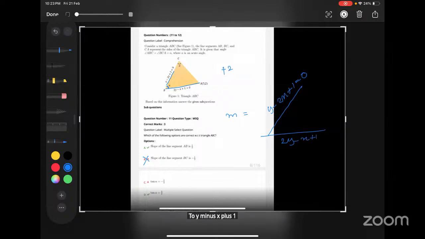We can tilt the line a bit, maybe. This line is like that, right? And this angle is given as alpha. Yes, ma'am, this is our x-axis.